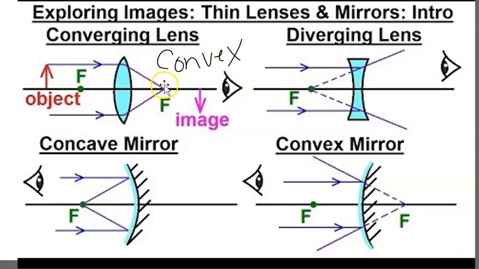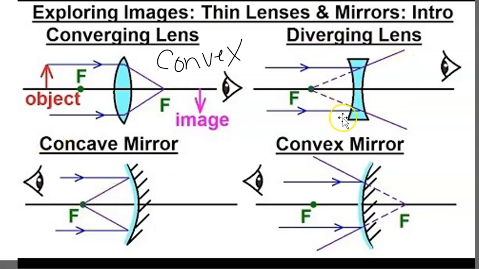It focuses light on the opposite side of it from the viewer. A concave mirror focuses light on the same side as the viewer. You can start fires with both of these if you have a big enough one. With a magnifying glass, you can focus the sunlight on one point because it takes all this light and focuses it on the opposite side. A concave mirror focuses it on the same side.